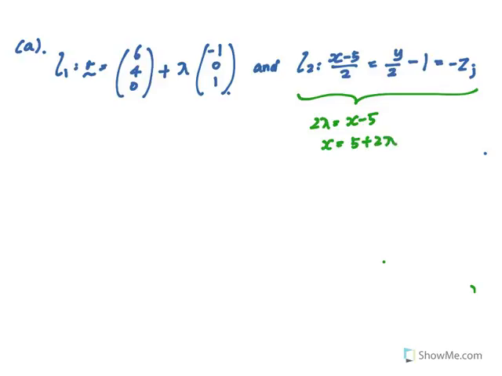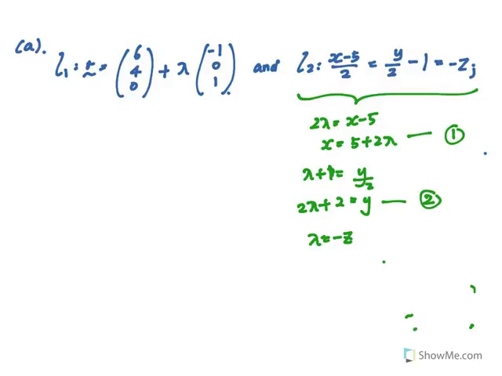Lambda plus 1 equals y over 2, so y equals 2 lambda plus 2. And lambda equals negative z, therefore z equals negative lambda.